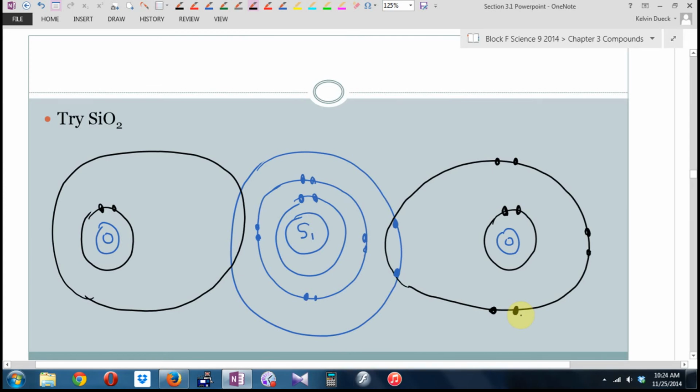How many electrons does oxygen need? 2. So again, I'm going to go 1, 2, and then oxygen has on its own 1, 2, 3, 4, 5, 6.